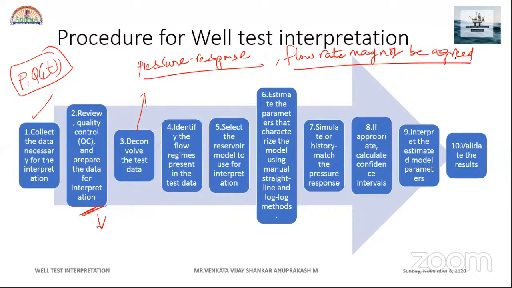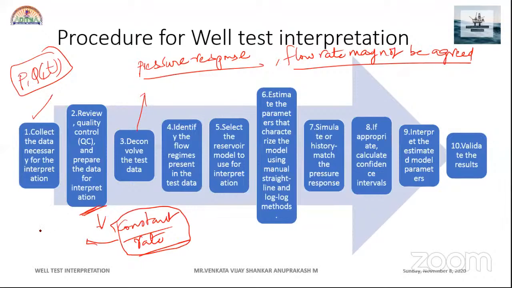So in this case, what will happen is we try to filter these variable rates and make them a constant rate, which is originally in a variable flow rate. Now we are transforming that into a constant flow rate.